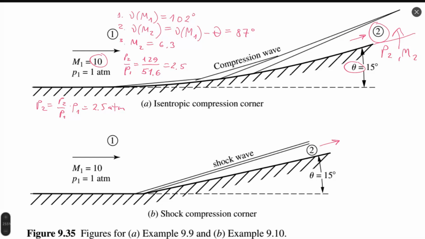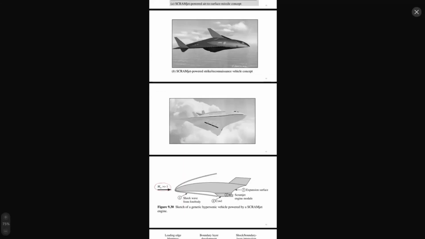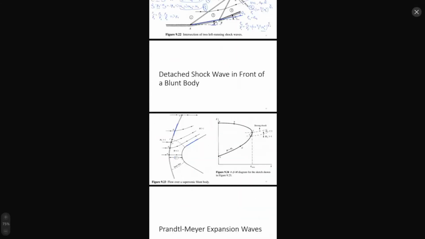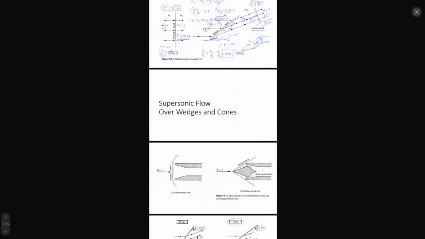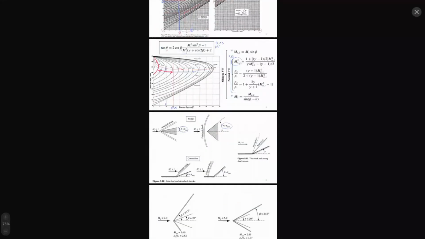In such a way, I already found my pressure and Mach number after compression wave, and I will do the same for shock compression corner. First of all, I will find beta according to theta-beta-M relation. Let's go back to the diagram. Mach 10.